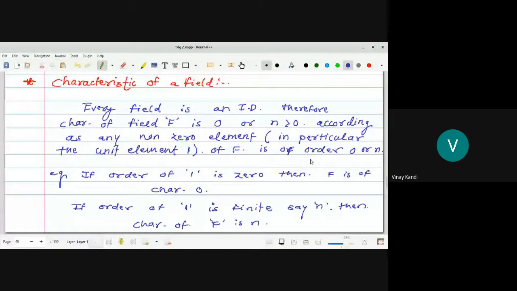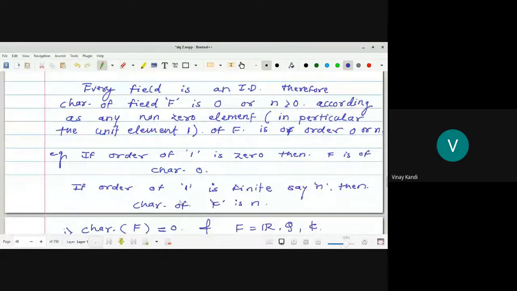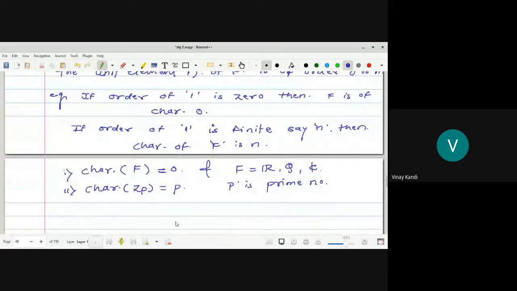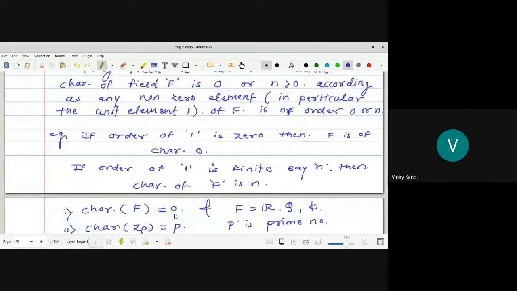If the order of one is 0, then F is of characteristic 0. In an infinite field, every non-zero element has order 0, and the 0 element has order 1, which is finite. Any doubt up to here?